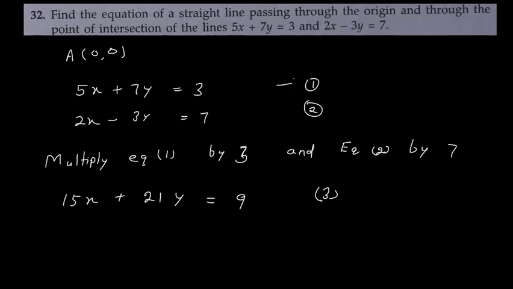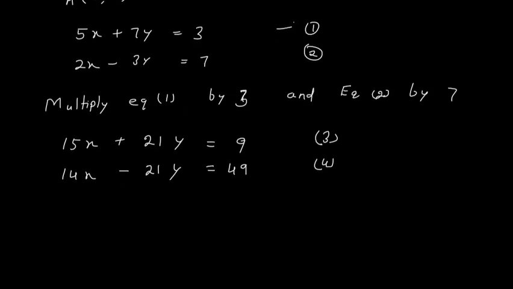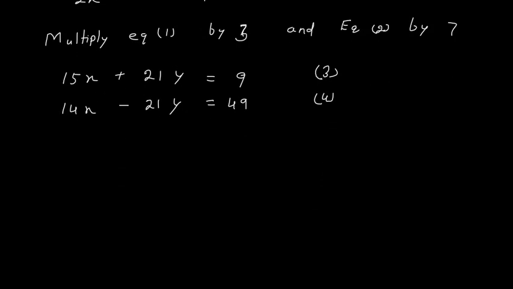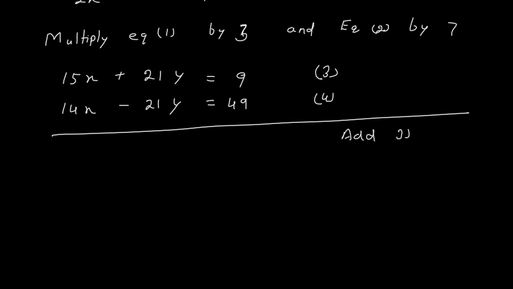Let us consider this as equation 3. This equation we multiply by 7, so 14x minus 21y equals 49. This is equation 4. Then we add these two equations, equation 3 and 4.